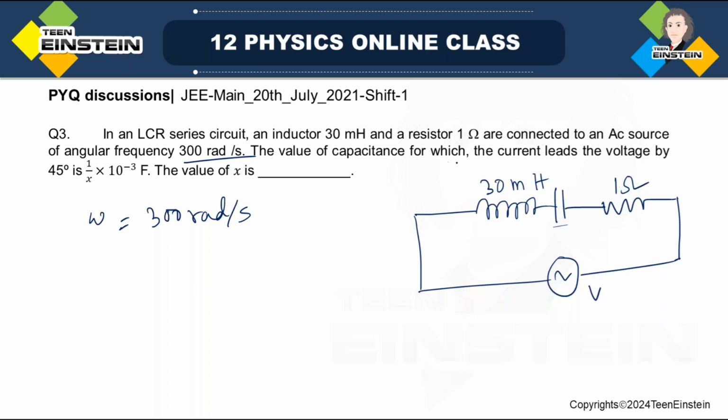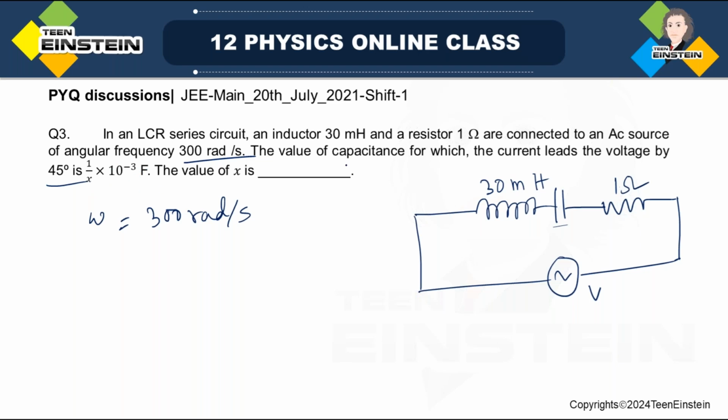The value of the capacitance for which the current leads the voltage by 45 degree is 1 over x into 10 to the power minus 3.